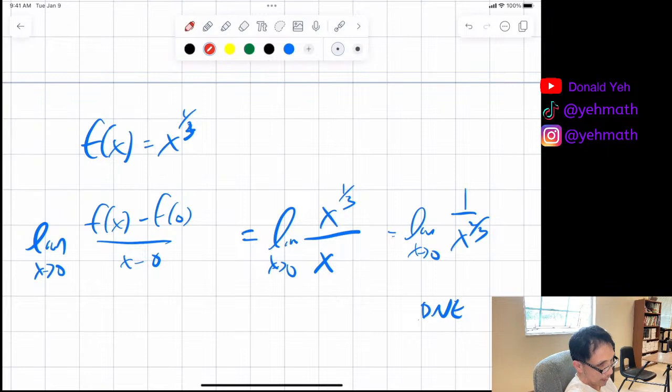And f of x is equal to x to the 1/3. If you simplify, it's going to be the limit as x approaches 0 of 1 over x to the 2/3. When the bottom reaches 0, the slope reaches infinity, which is a vertical tangent, where the slope goes straight up. So it's not differentiable because you cannot have 1 over 0.